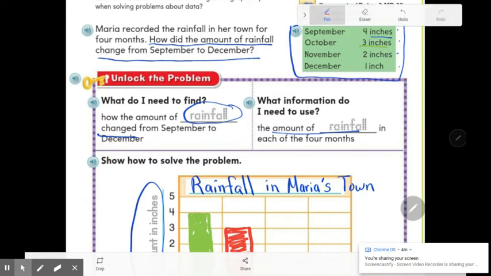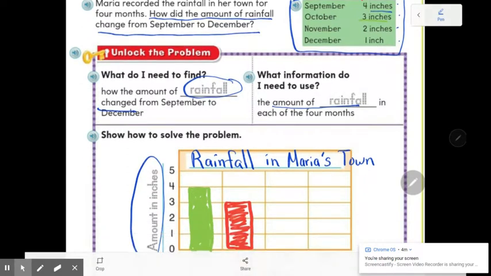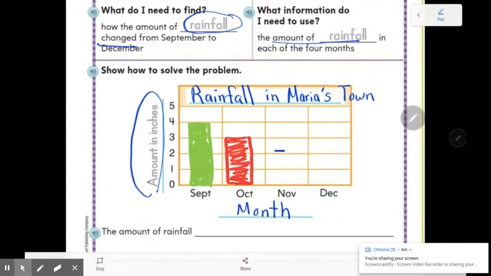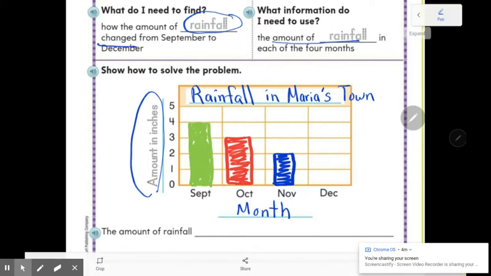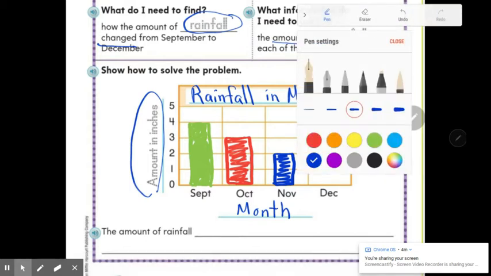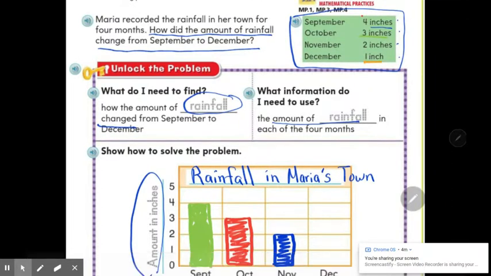So I'm going to record November right now. I'm going to go to November. I'm going to go to 2. Now I'm going to do the last month, which is December, and the month of December is 1 inch.